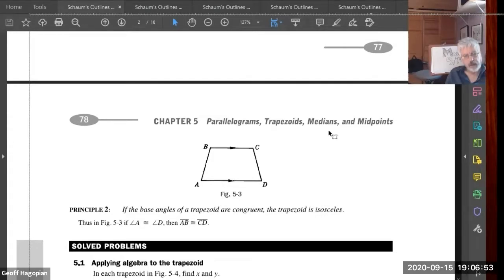So you've got hypotenuse leg again. I'm sorry, we don't know BA. Don't assume what you're supposed to prove. That's like a huge no-no, right? If you assume what you're trying to prove is true, then there's nothing to do. That's a bad move, right? So we don't know that BA is congruent to CD.